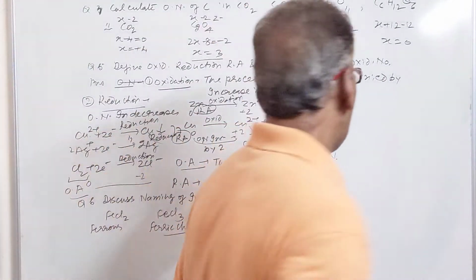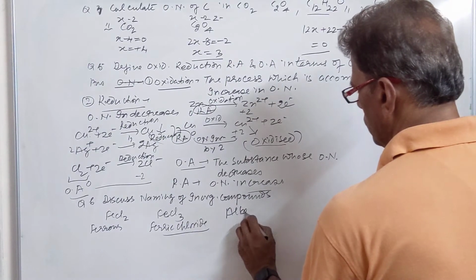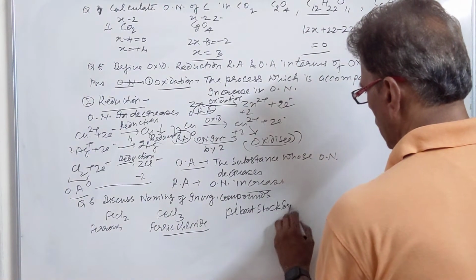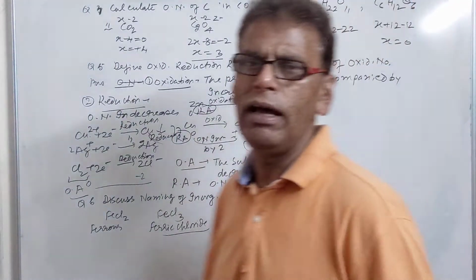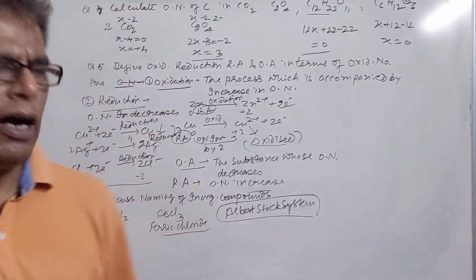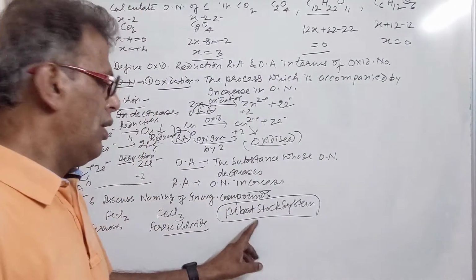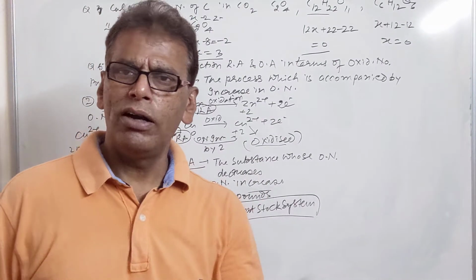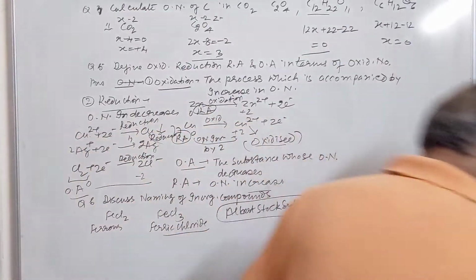Therefore Alfred Stock gave a new system. According to this system, the oxidation number of the metal should be written after its name, after its symbol, in Roman numerals in a small bracket. We should not mention OUS, IC in the ending because that was creating a problem.